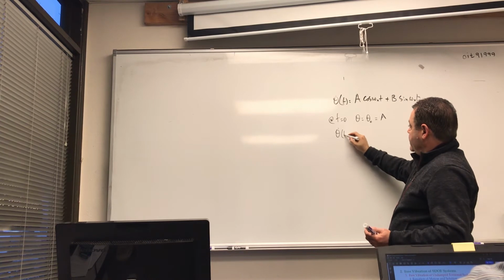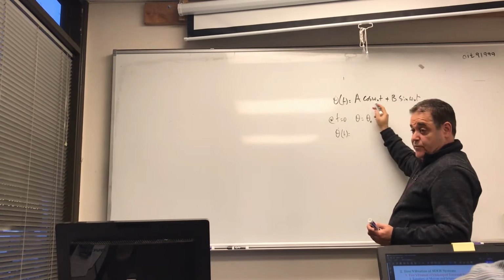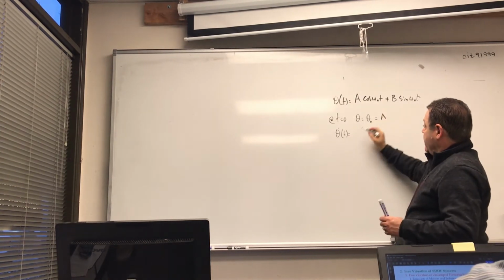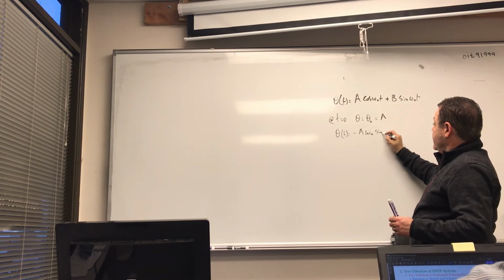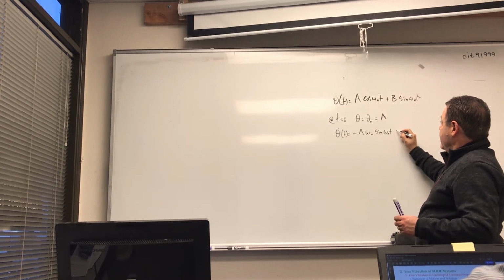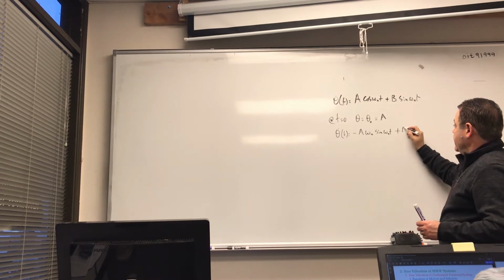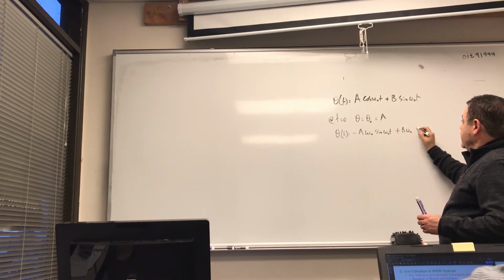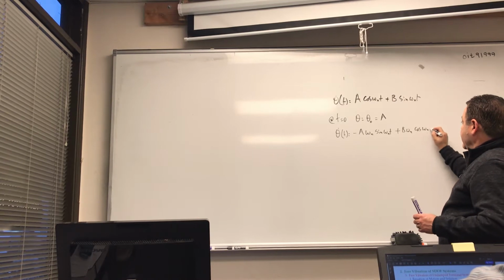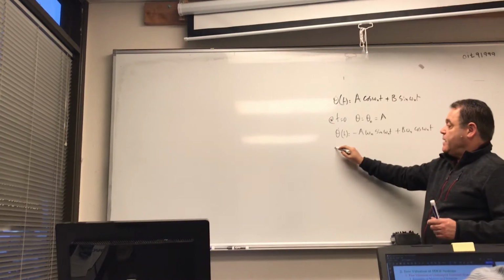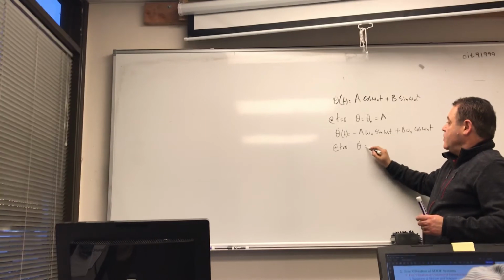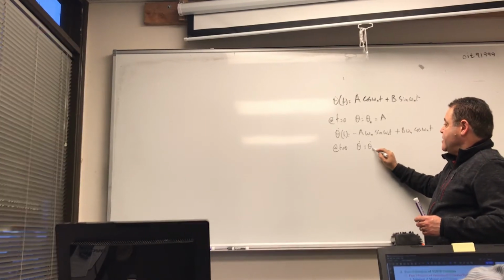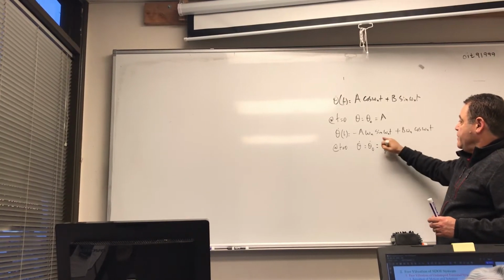Now I first have to find an expression for theta dot in general: minus a omega n sine omega n t plus b omega n cosine omega n t. Now I apply my initial condition, theta dot at 0, replacing t by 0.